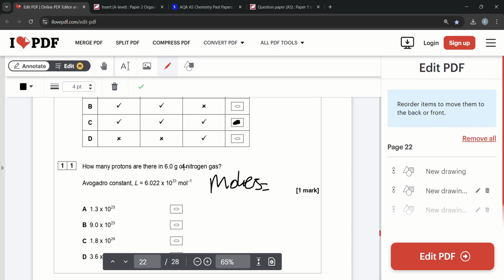I won't get the correct answer, so I can't get any of these options. And that's fine. We just have to find out what is the correct solution.